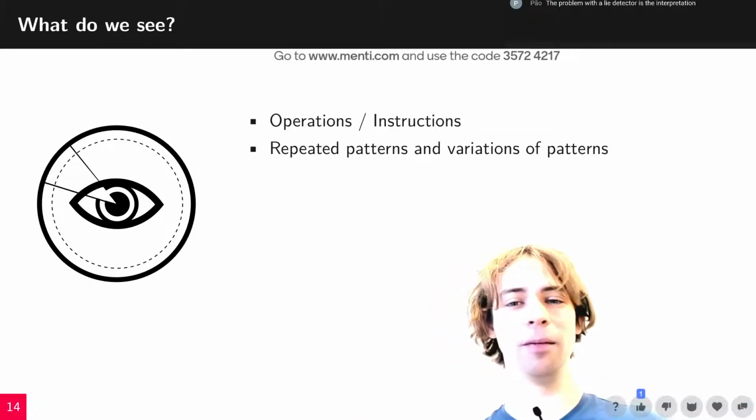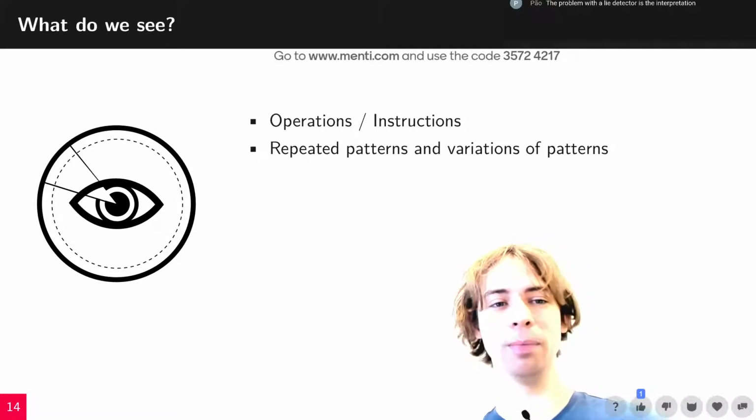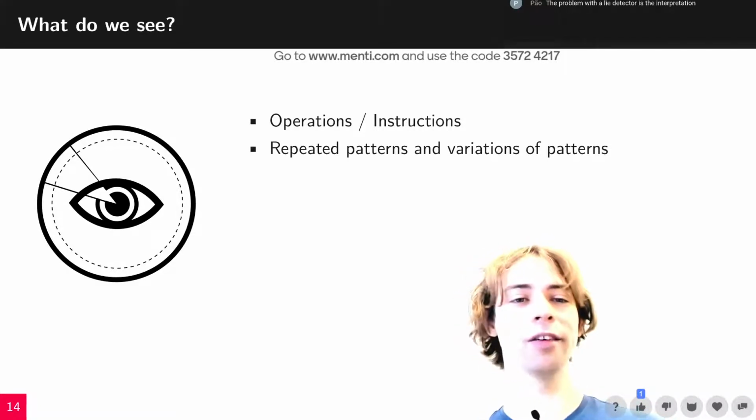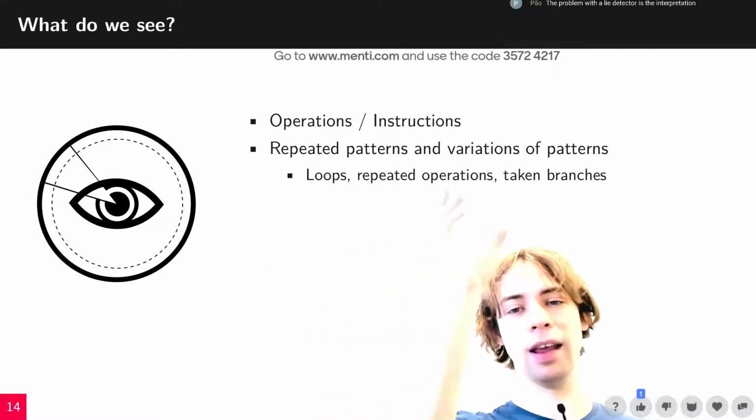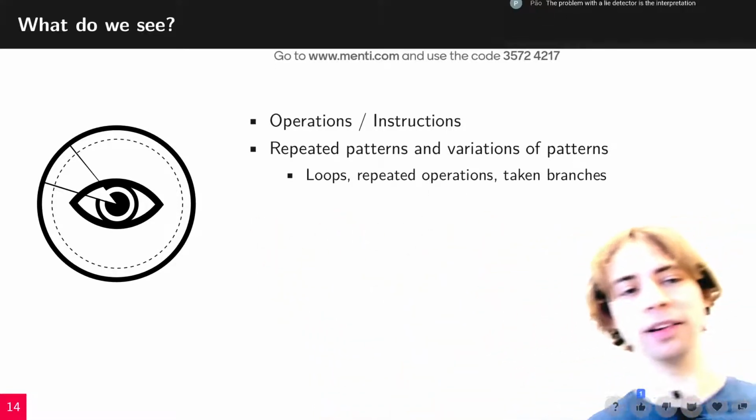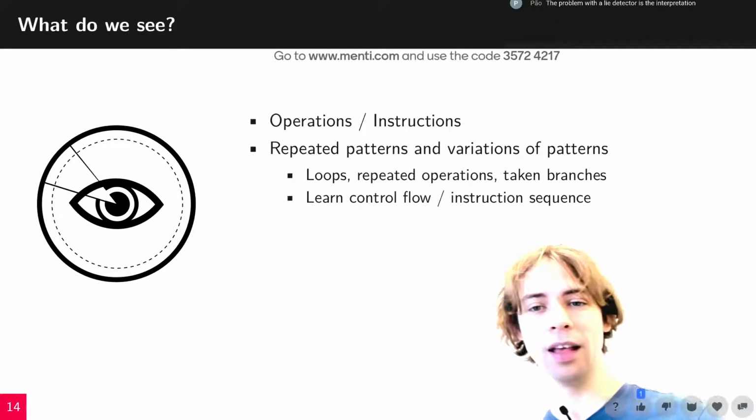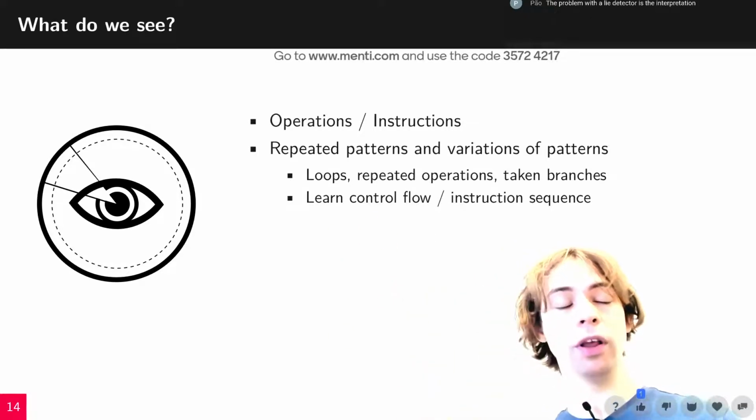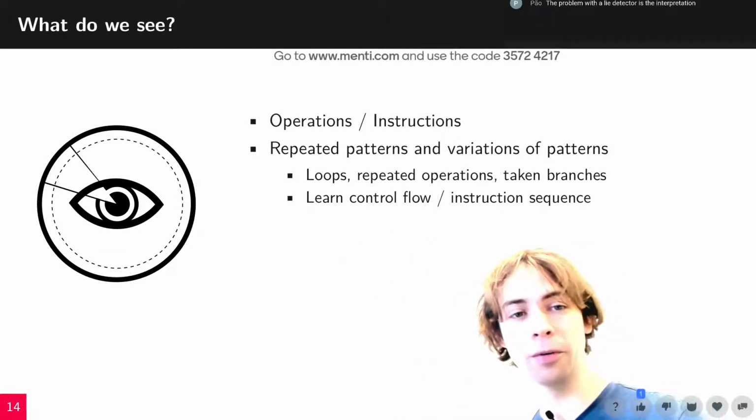We can see patterns, like if something is repeated, or if there's a variation of a pattern, that's maybe loops or taken branches or repeated operations. With that, we can learn the control flow or even the instruction sequence that was executed.